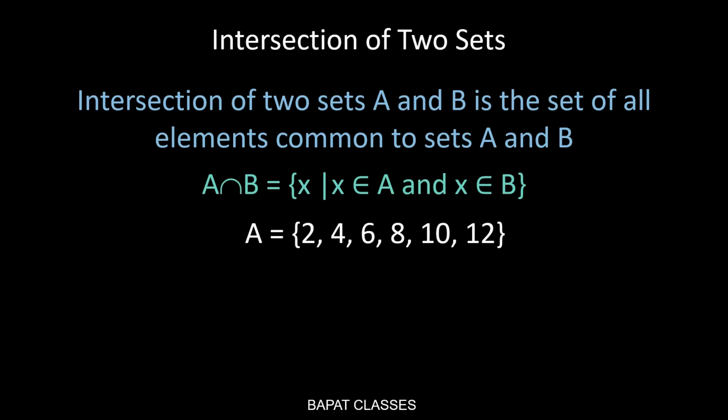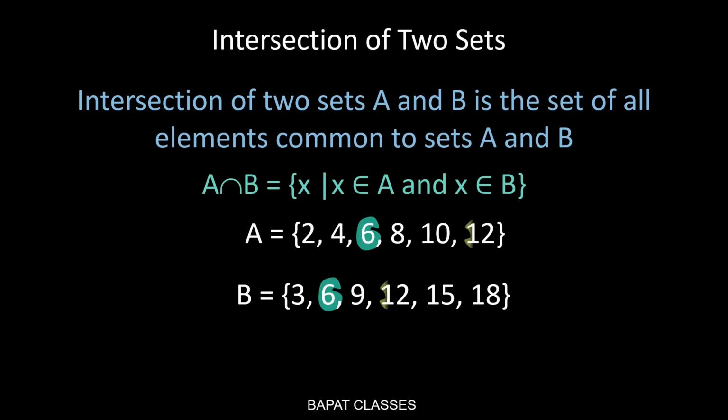Then B equal to {3, 6, 9, 12, 15, 18}. Here, sets A and B have two elements in common, 6 and 12, and therefore A intersection B is {6, 12}. Remember, intersection is set of all elements common to two sets.